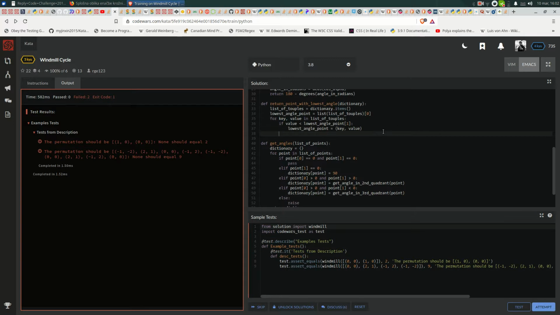And in the end, we print out the lowest angle point is the lowest angle, and all possibilities are, and then we just print out the dictionary.